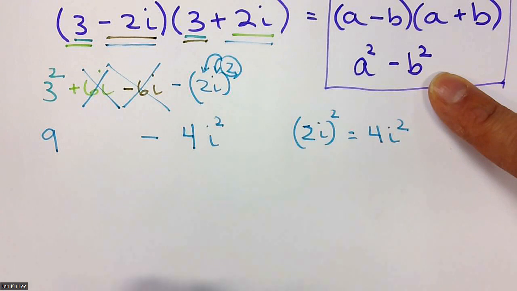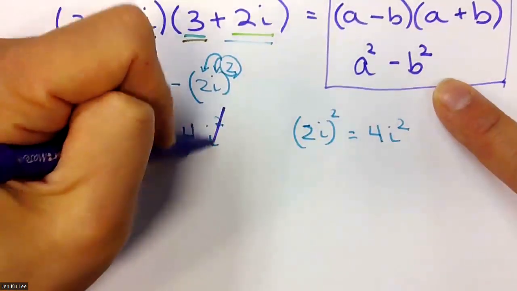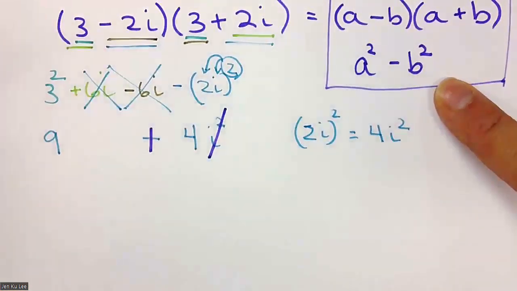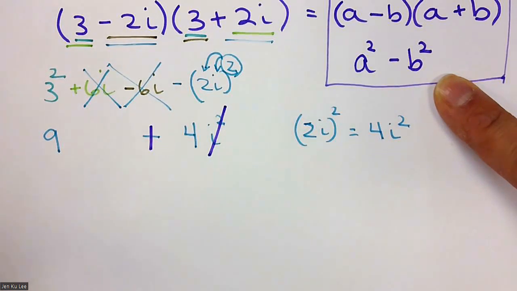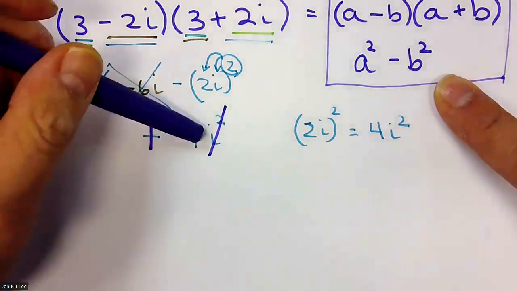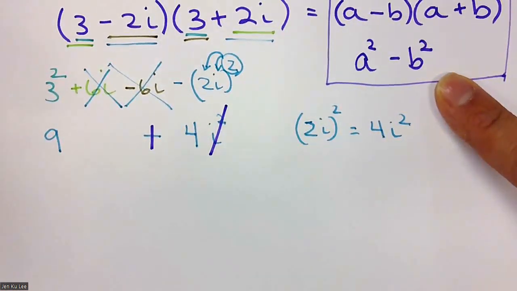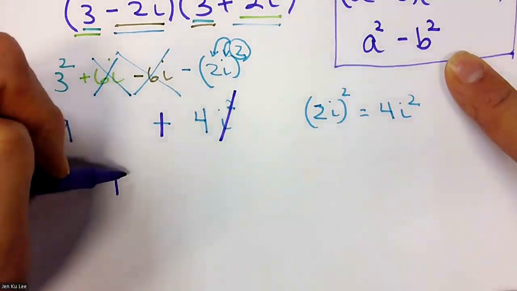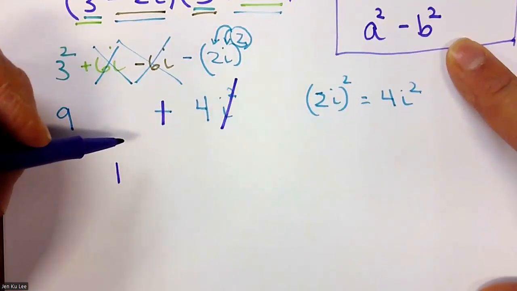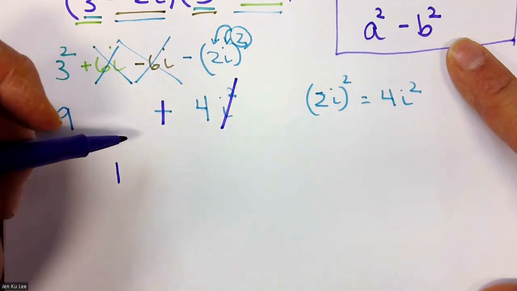Right? So remember, whenever I see an i squared, I'm just going to cancel that out and put a positive. Right? Because we're just multiplying it by negative 1. So negative 4 times negative 1 equals positive 4. Right? And what's 9 plus 4? Zach, what's 9 plus 4? 13.